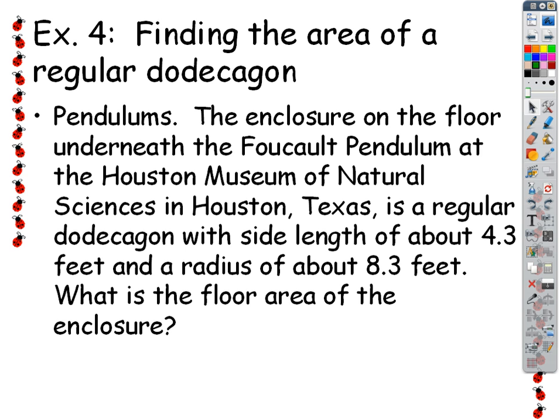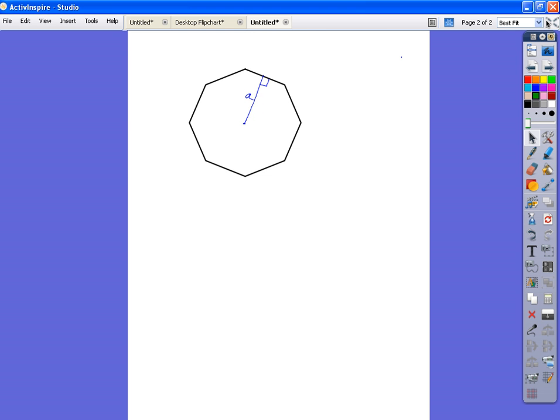So all that means is, if I go back to my picture and enclose this in a circle, I won't draw this very well, but you get the idea. If the radius is 8.3 feet, then isn't that also the distance from the center to one of the vertices? Because that's where the polygon is going to touch the circle, right? So that's going to be 8.3, right?